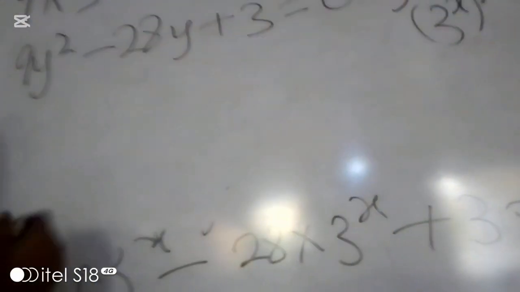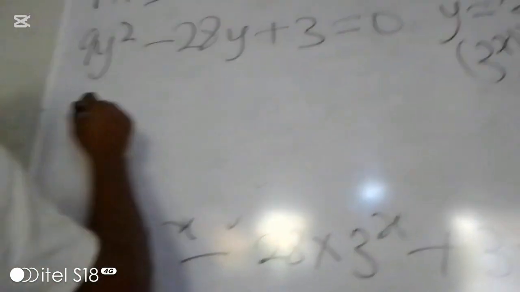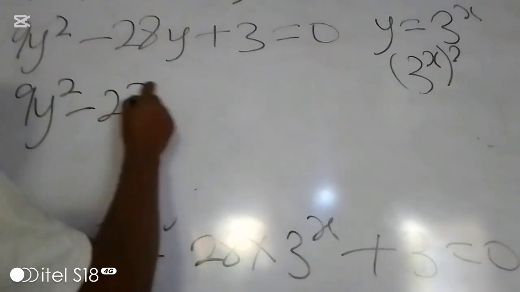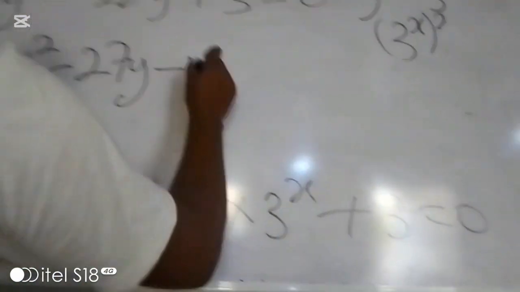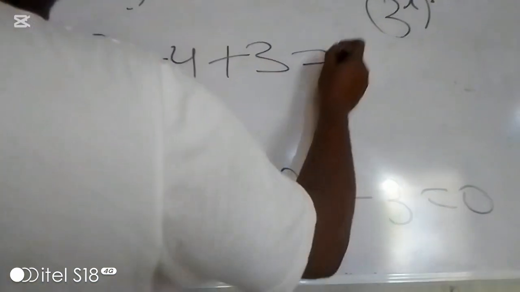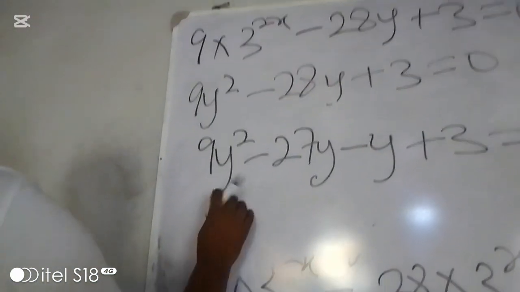9 times 3 is what? 27y squared. So this can be written as 9y squared minus 27y minus y plus 3 equal to 0. Let's factorize out.